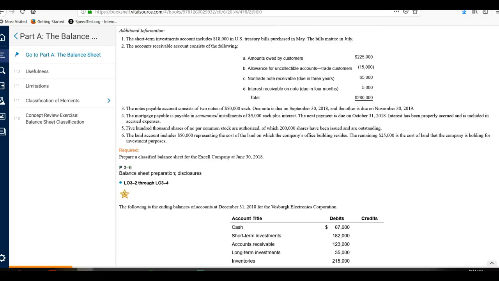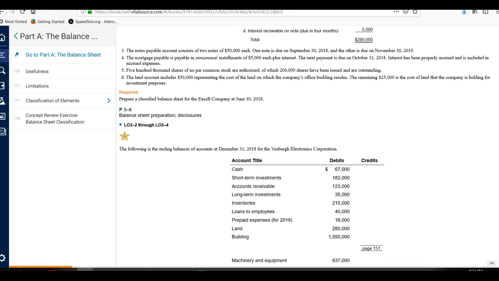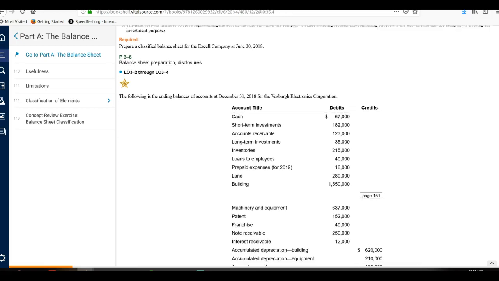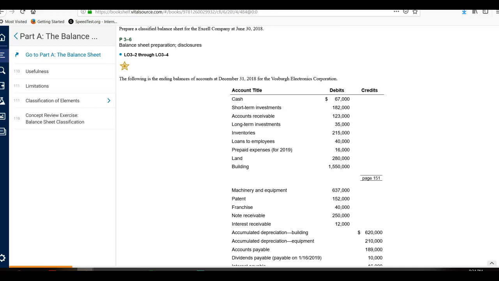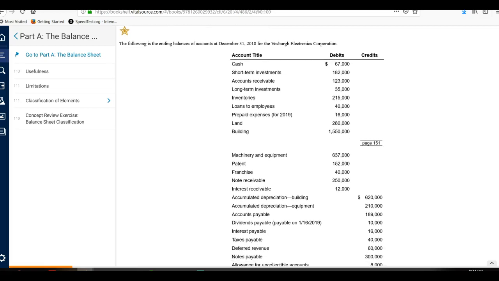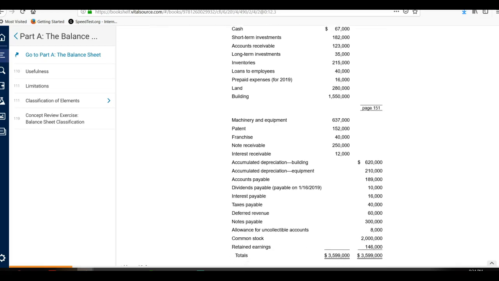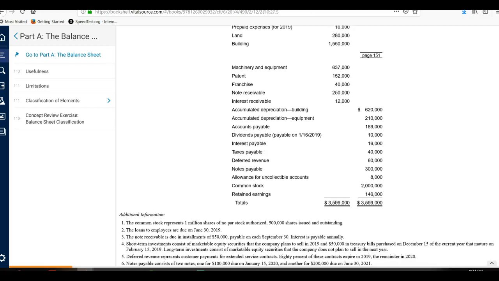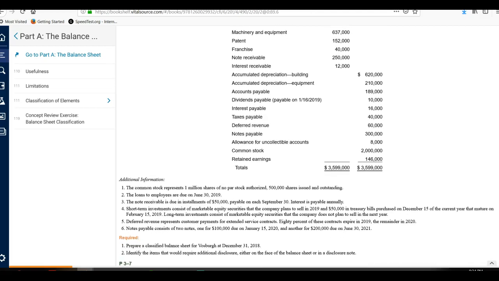Next, let's look at problem 3-6. So here again we've got ending balances for Vosburg Electronics Corporation, and then we have some information showing the common stock represents 1 million shares of no par authorized, 500,000 shares issued and outstanding.